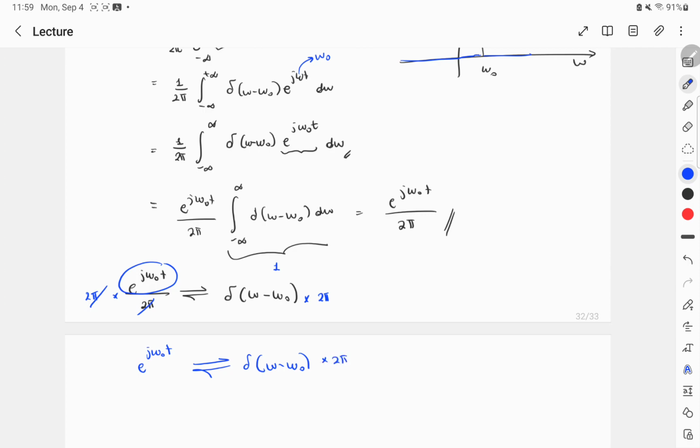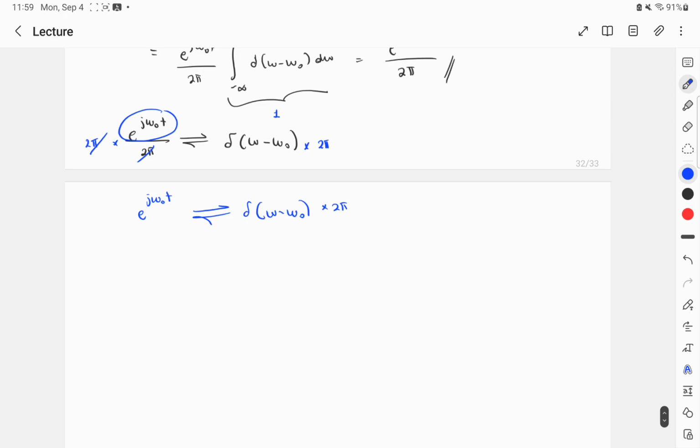So let's make a related example, which asks us to find the Fourier transform of cos ω0t. So here what we need to pay attention to is that cos ω0t is not an absolutely integrable signal, and hence we cannot use the formula of the Fourier transform.